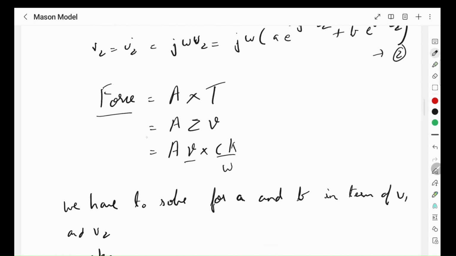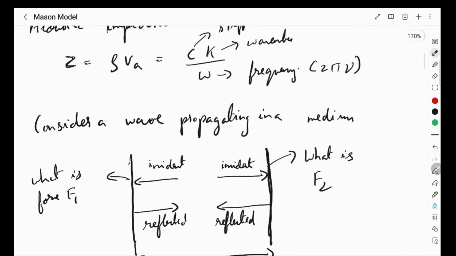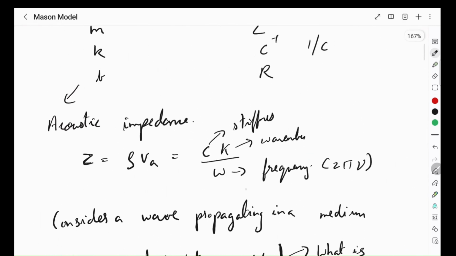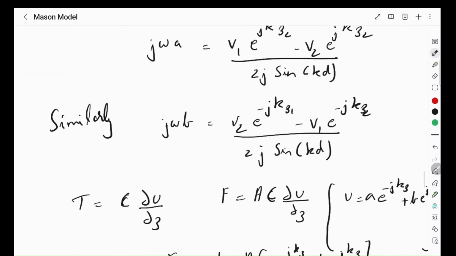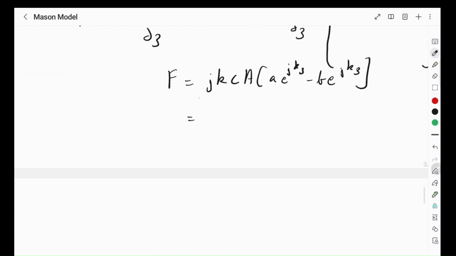Impedance I have written here is ck by omega, or even a little bit before also I've shown here. So this is the acoustic impedance formula, right? So from here you can write this in terms of impedance.